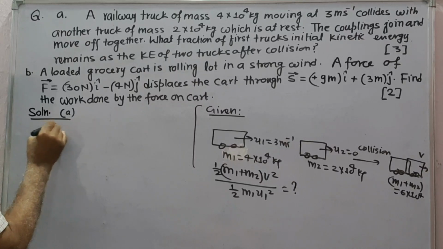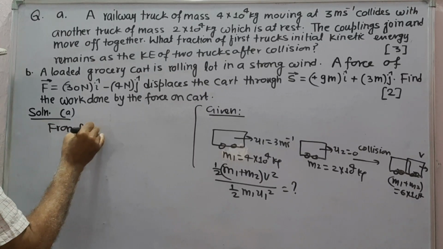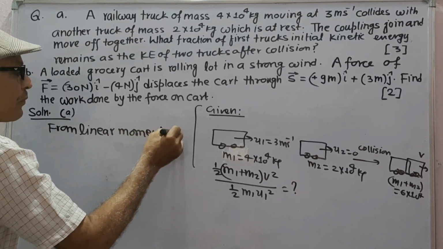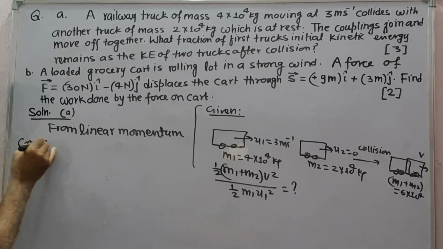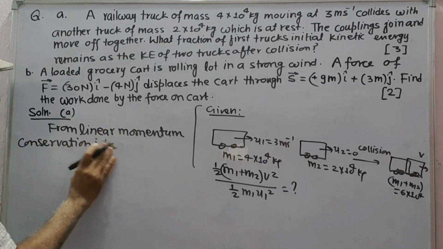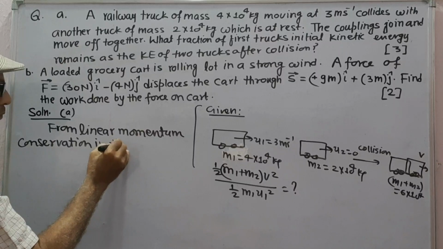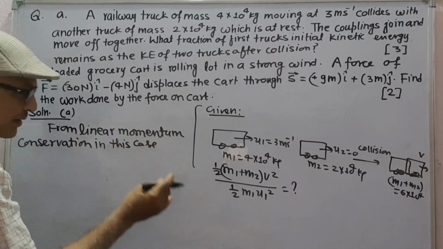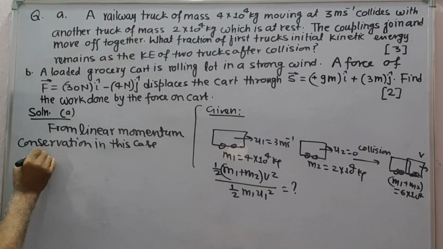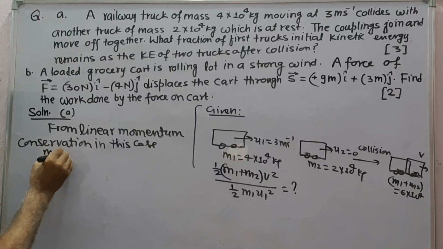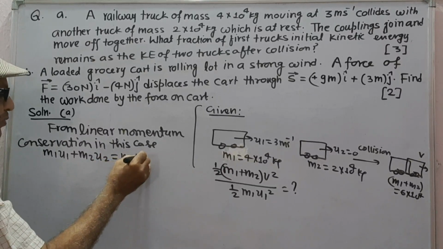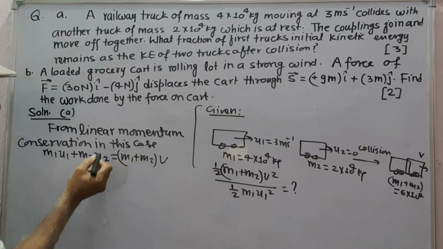Now from linear momentum conservation, in this case total initial linear momentum is equal to total final linear momentum, means m1 u1 plus m2 u2 is equal to (m1 plus m2) v. This is 0.